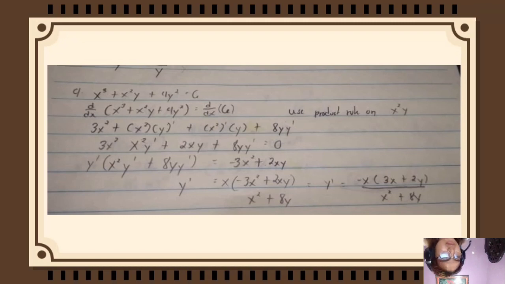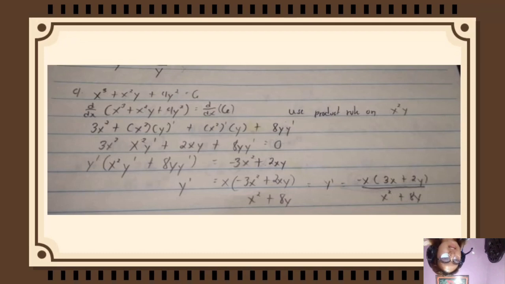Ngayon, pwede natin ilipat yung may mga x. Ilipat natin 3x squared, 2xy. Naging negative. Sorry, mali yung sulat. Dahil may y prime dito, may y prime dito, pwede na natin siya i-factor out.